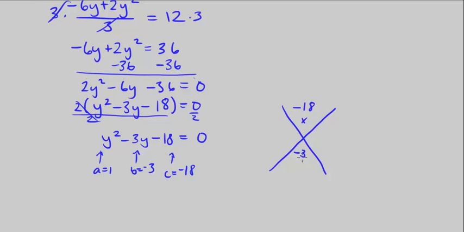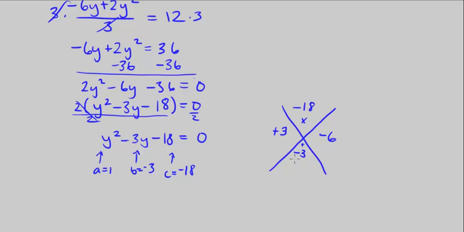So what two numbers multiply to get negative 18 and add to get negative 3? Well, 6 times 3 is 18, so negative 6 and positive 3. If you multiply negative 6 and 3, you get negative 18. If you add negative 6 and 3, you get negative 3.